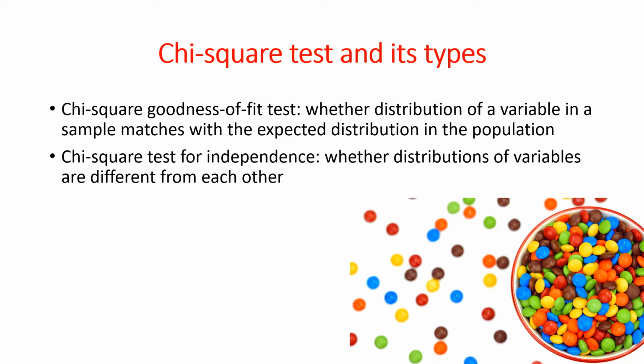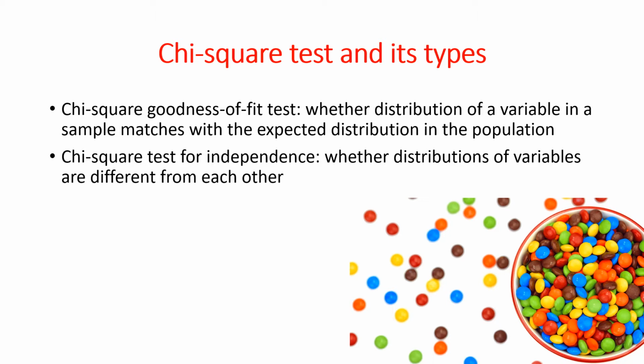So if you have a variable which is categorical and this categorical variable has different levels, and then you have participants in different levels, and you want to see, for example, whether the number of people in these levels are distributed equally in your sample or not, you can do a chi-square goodness of fit test.